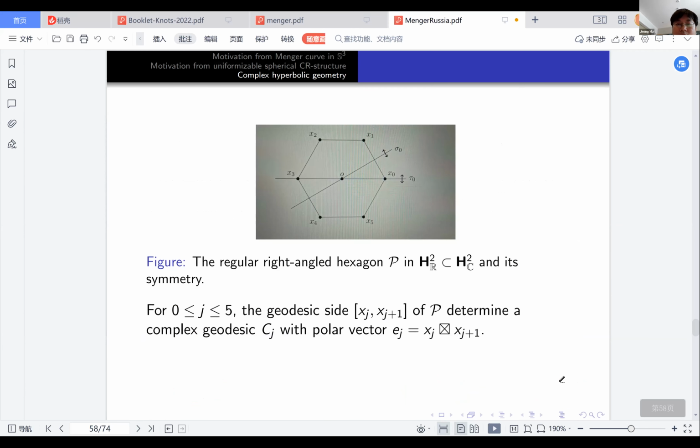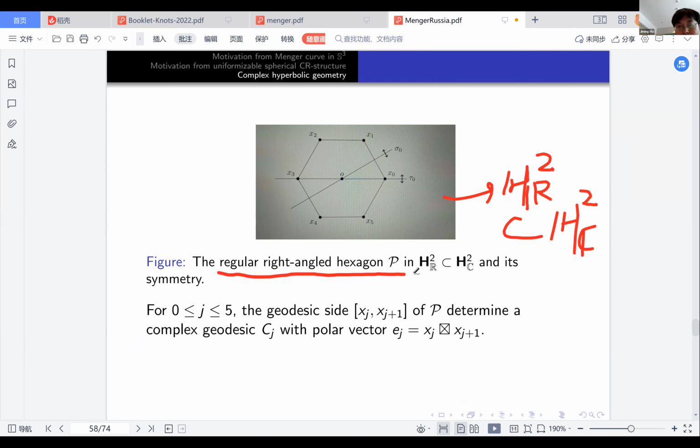So here is the picture. We have HR2, this plane, that's in the HC2. And we have a right-angled regular hexagon P in this HR2.